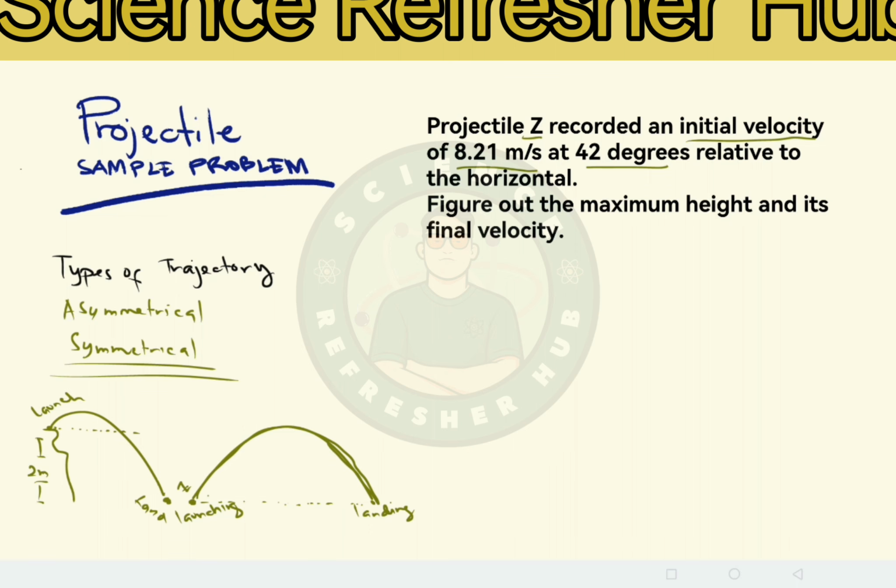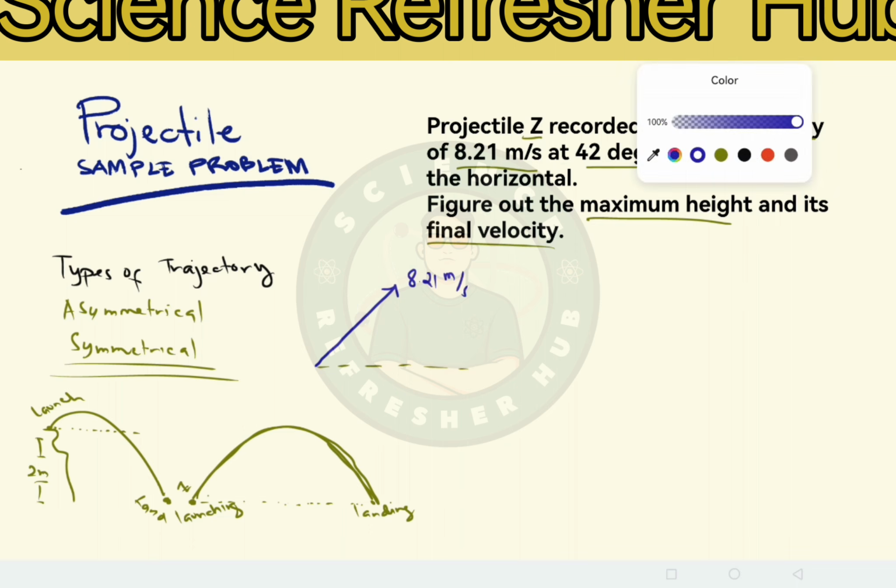Let's figure out the maximum height and then the final velocity. Say, for example, this is our horizontal here, and then our initial velocity recorded. Let's say this is our 8.21 meters per second at an angle of 42 degrees.